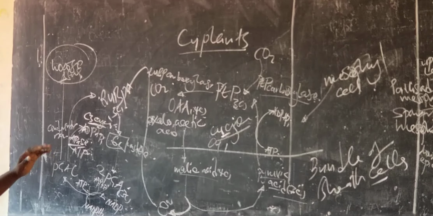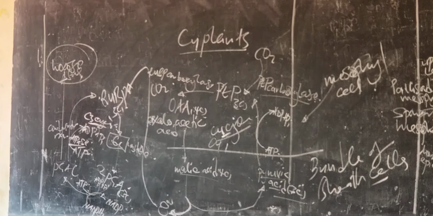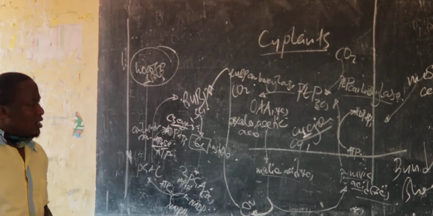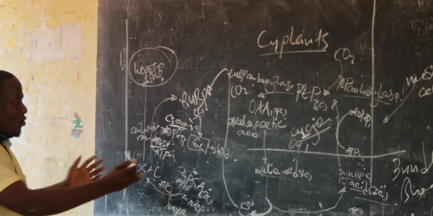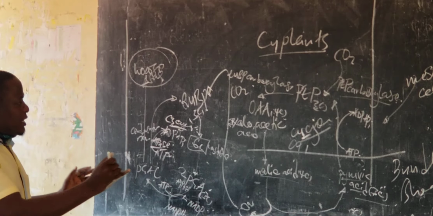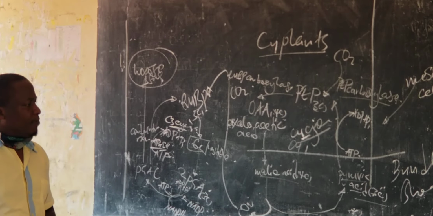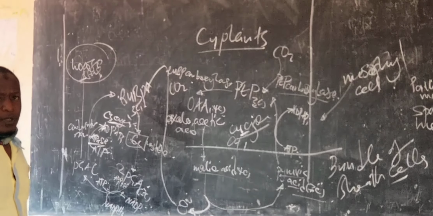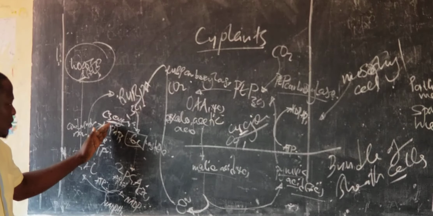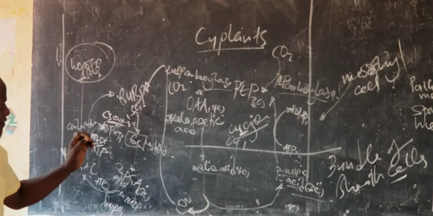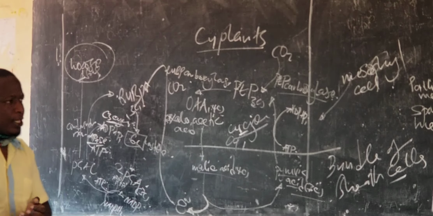So I want us to briefly talk about these differences, considering the two cycles, or the plants present here. The differences between the C3 cycle and the C4 cycle. I want us to record it there.